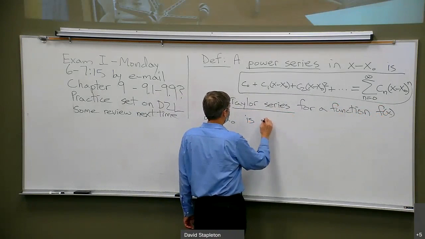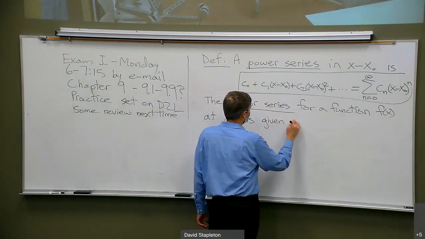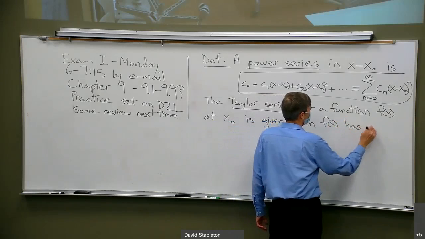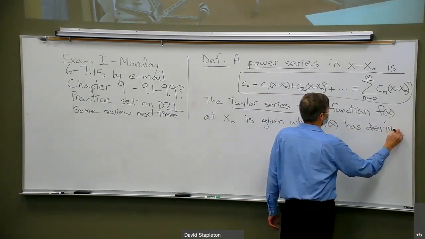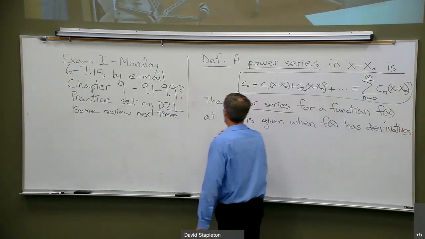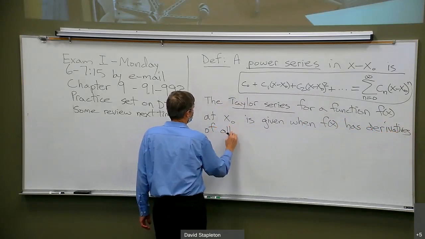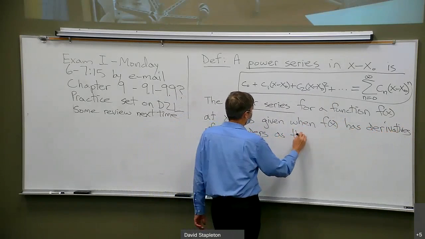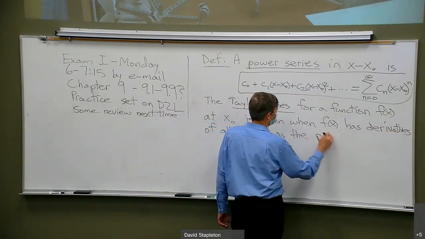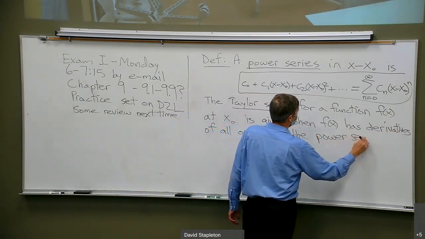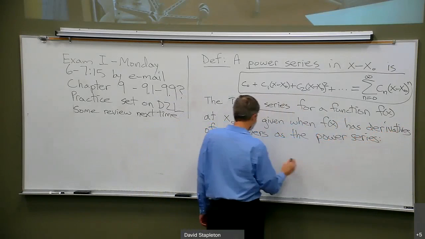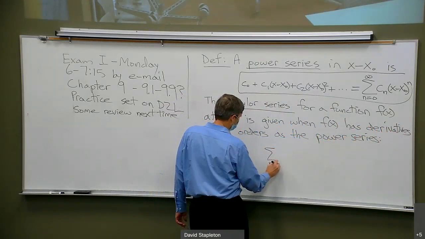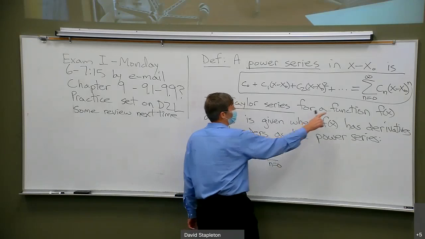It's given when f has derivatives of all orders, and it is a power series, the sum from n equals 0 to infinity, just like this, but it has specific values for these Cn's.